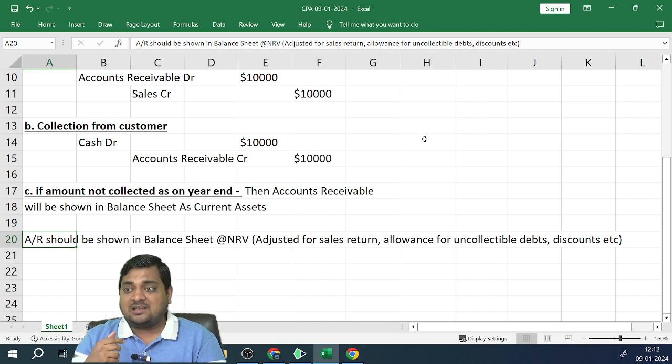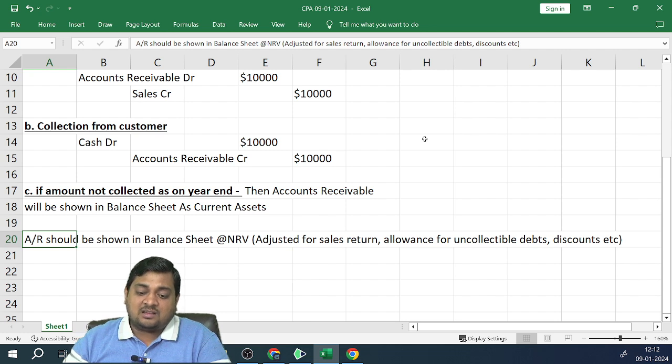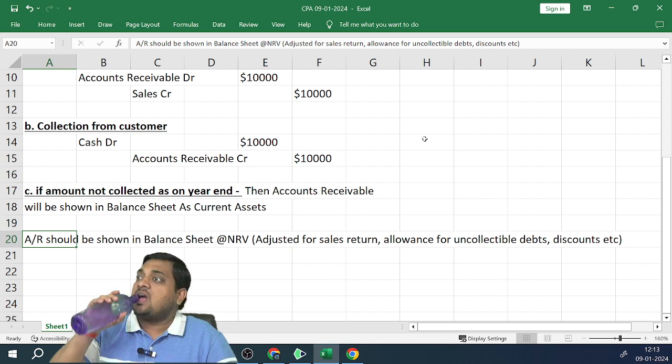Suppose there is a probability that some portion of this amount won't be received in future, meaning the customer has filed for bankruptcy and won't be able to pay the full amount due. Then in that case we need to make an allowance for those uncollectible debts, right? And similarly we need to keep an allowance for discounts as well.